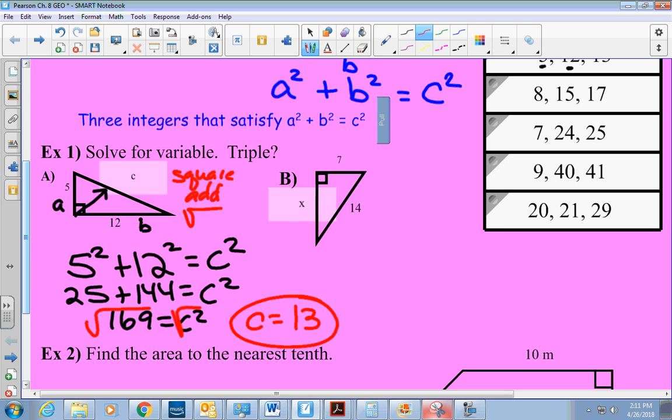For this guy, when we don't know a leg, we have leg squared, which is x, plus 7 squared, it's going to equal our hypotenuse squared. Remember, our hypotenuse is always the one that's across from our 90-degree angle. So in this case, we square it.